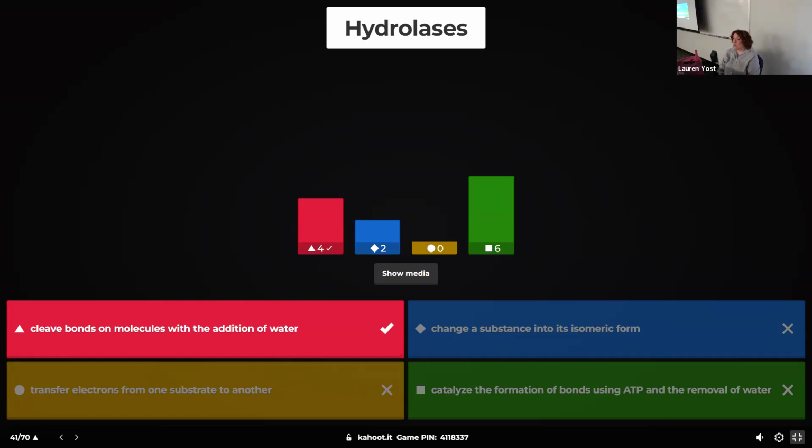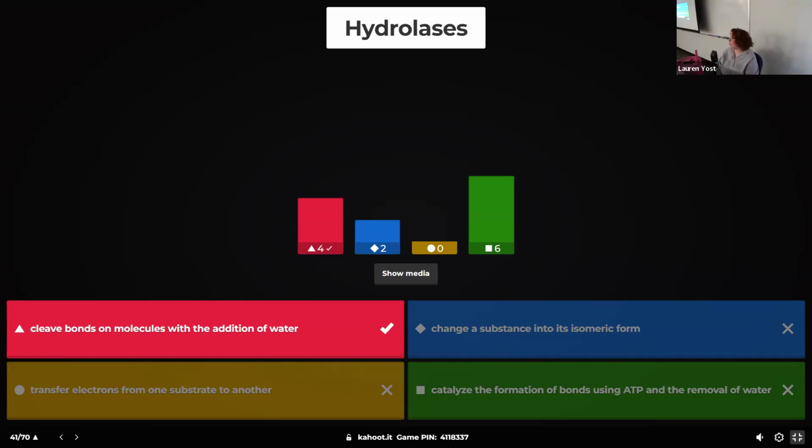So amylase is a hydrolase, and what it does is it breaks down starch. Starch is a very large, complex carbohydrate, and amylase can break it down into sugar molecules that can then be fed into our aerobic respiration processes, for example.